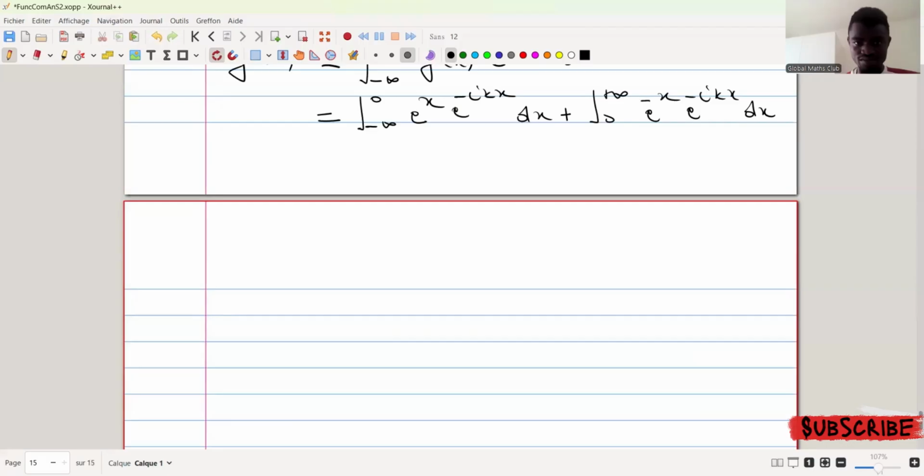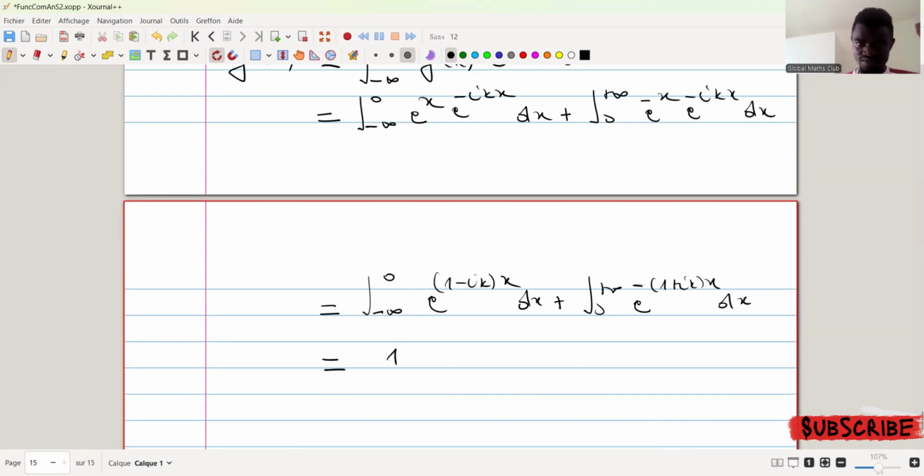Now here you have exponential minus this, exponential this, so we are going to have this plus this, which is equal to 2.